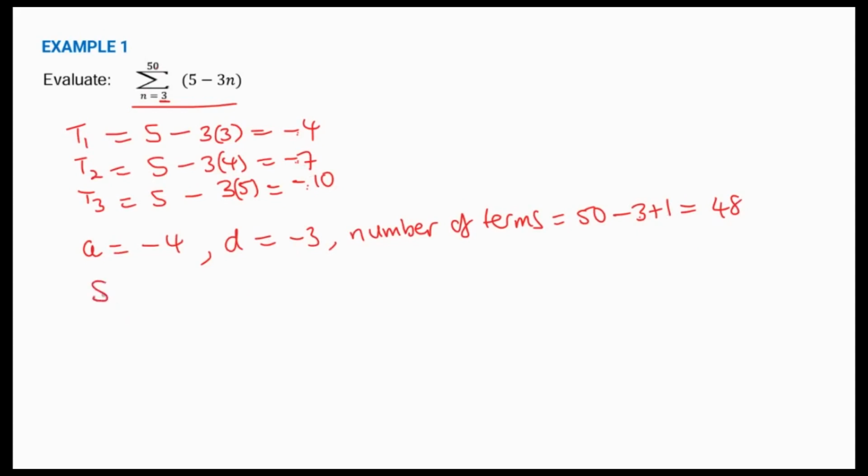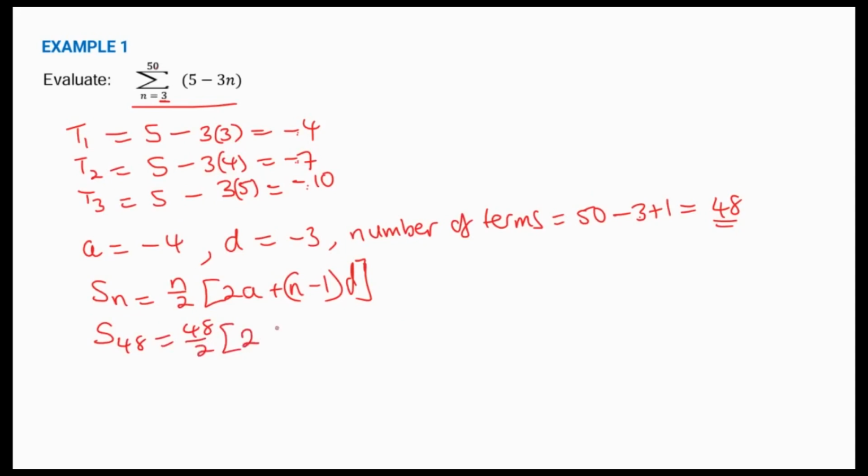So we're going to use Sn is equal to n over 2, then 2a plus n minus 1 times d. Let's substitute what we have. Sum of 48 terms, from the number of terms, is equal to 48 over 2.